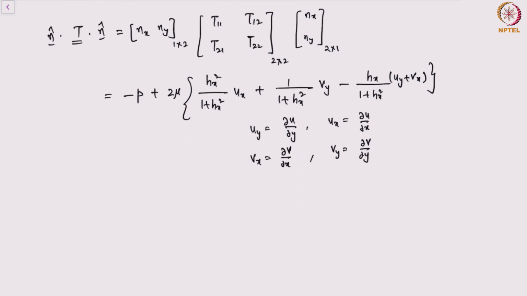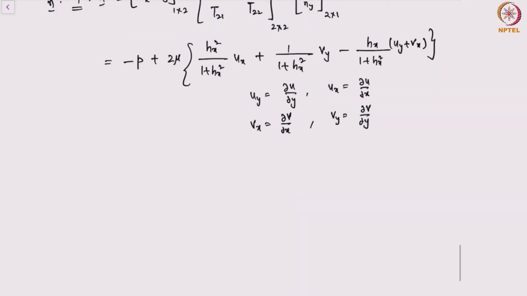I've already said hx is del h by del x. Okay, so from the continuity equation we have uy plus vx is 0, and therefore I have vy is minus ux.